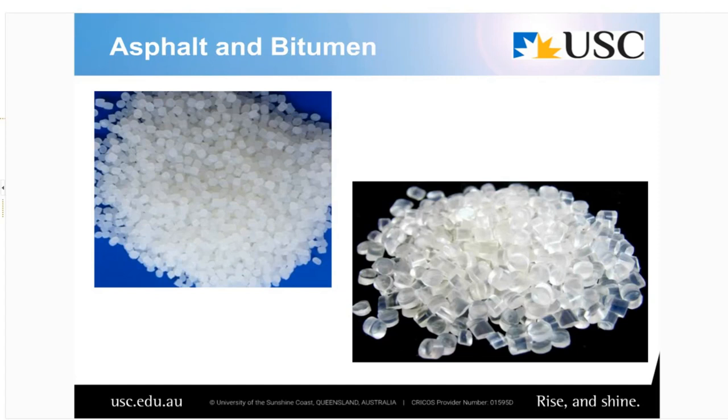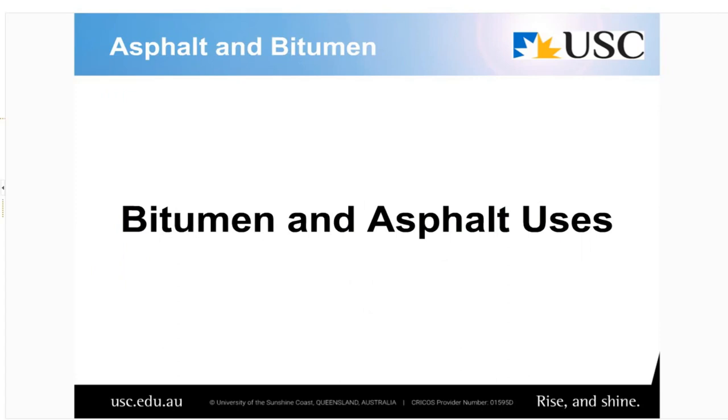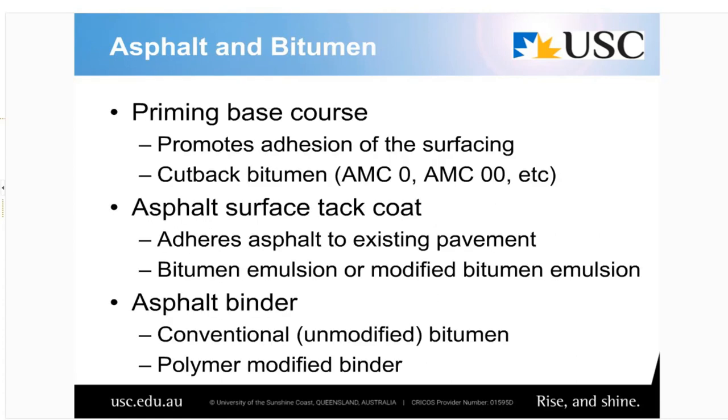So that defines bitumen and asphalt, not uniquely to the airport environment, but in that context. We'll move now to where we use these things in our pavements. And we use them in more places than perhaps we might initially expect. Bitumen we certainly use in the priming of base course.